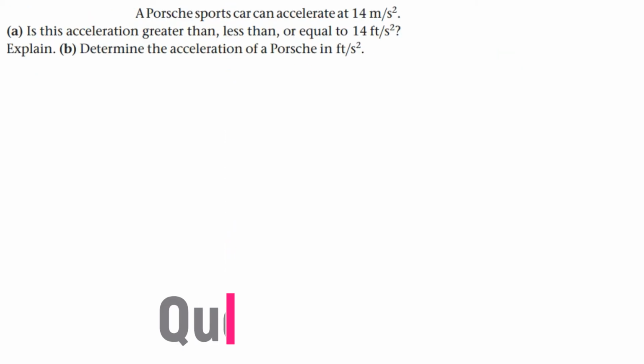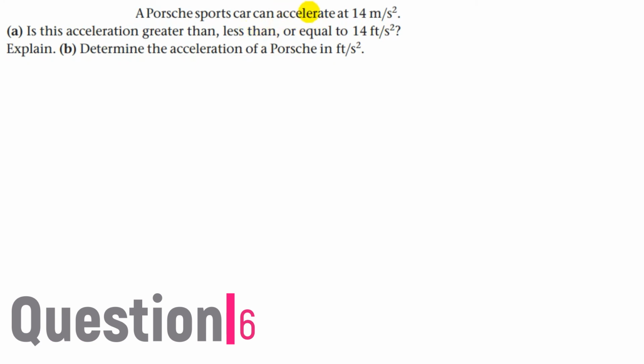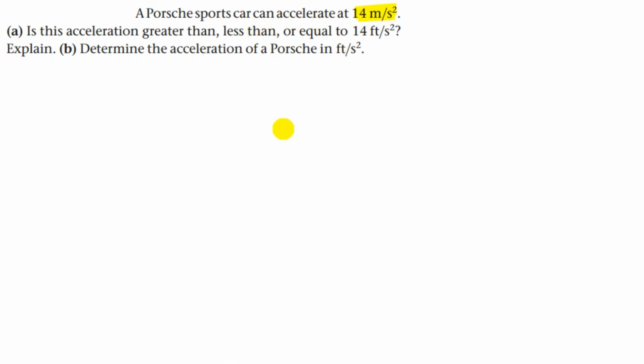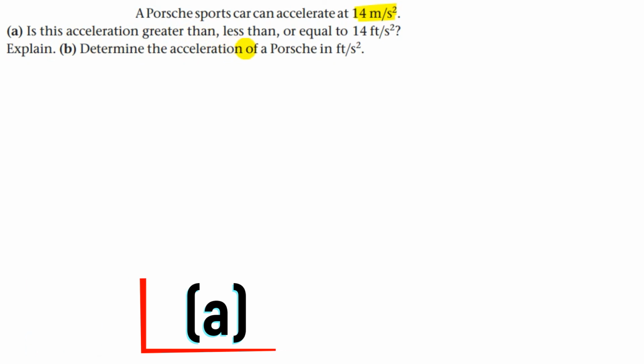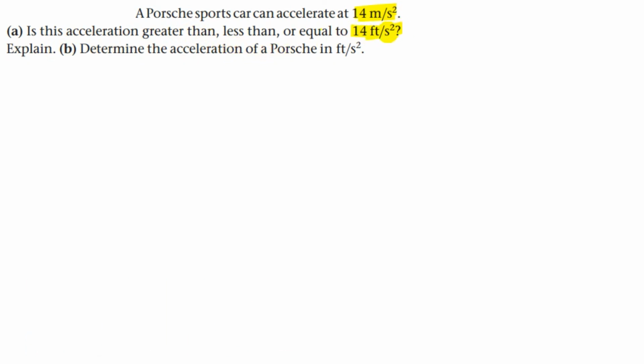So this is the next question, which says that the car's acceleration is 14 meter per second squared. Now there are two parts. We're going to solve the A part first. In the A part they are asking whether this acceleration is greater than, less than, or equal to 14 feet per second squared. The acceleration would be greater than 14 feet per second squared.